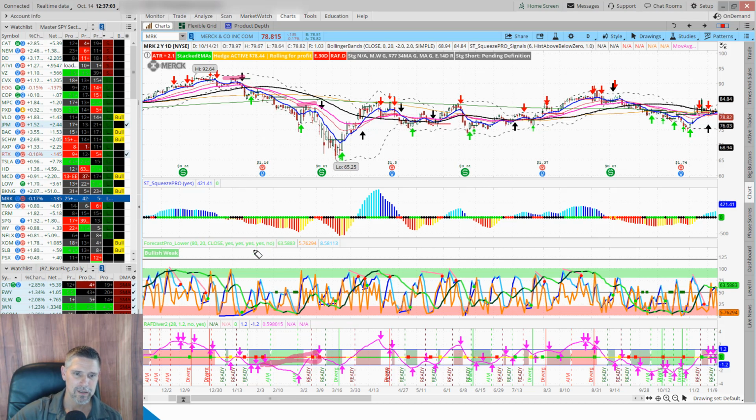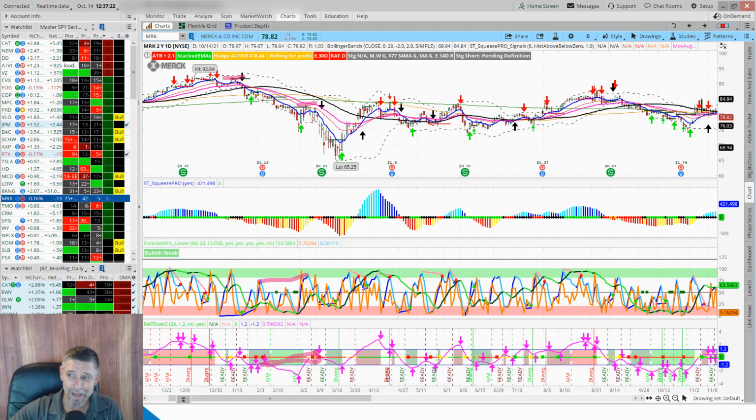Then look at this, lower highs. We've got, in this case right here, higher highs on the oscillator. So, lower highs on price, but the oscillator is making higher highs, okay?